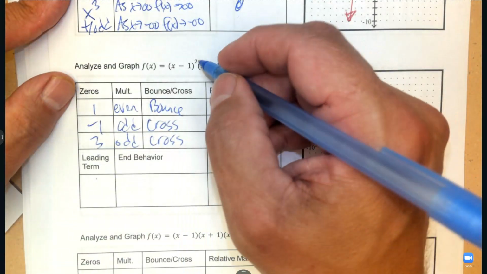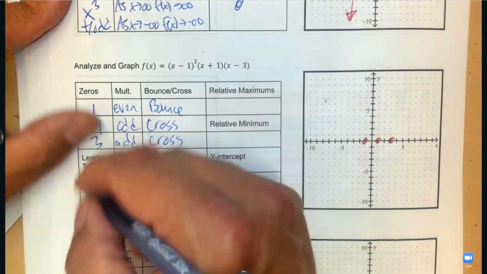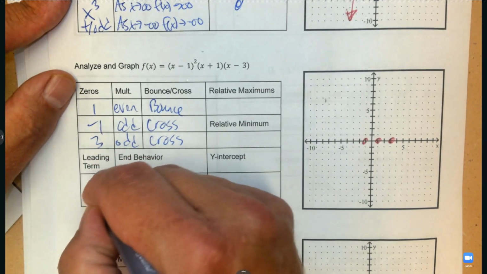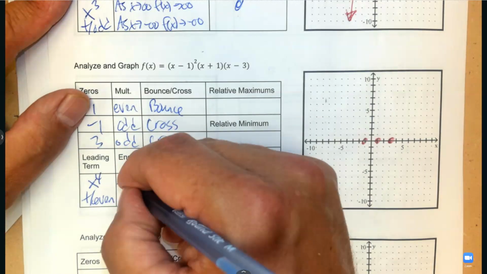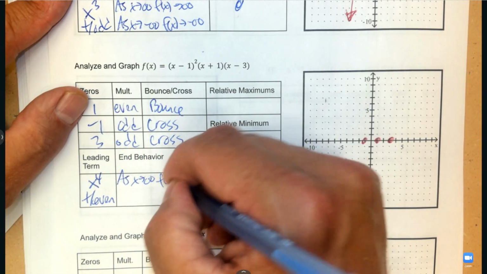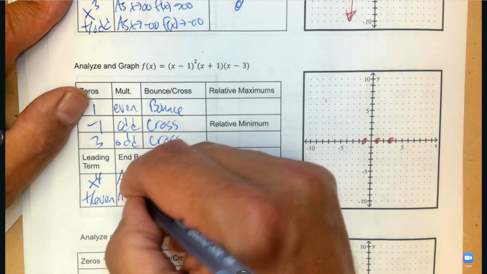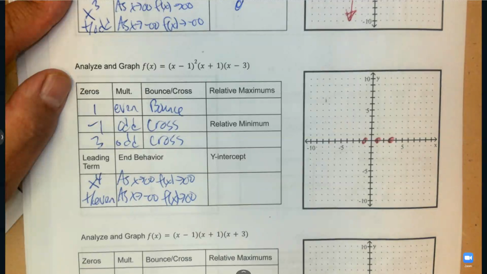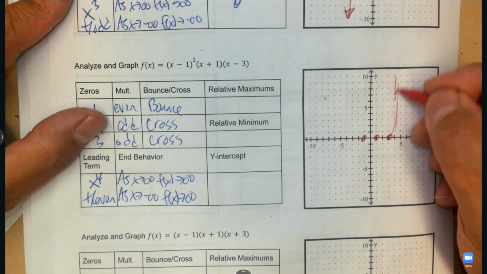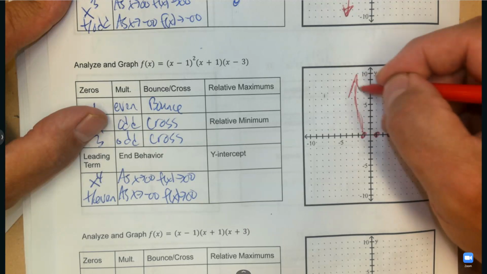The leading term, the power term is x squared times x times x. Altogether it's x to the fourth. When you multiply it out, it's positive and even, which means both ends go up. So the very right one goes up and the left one goes up.